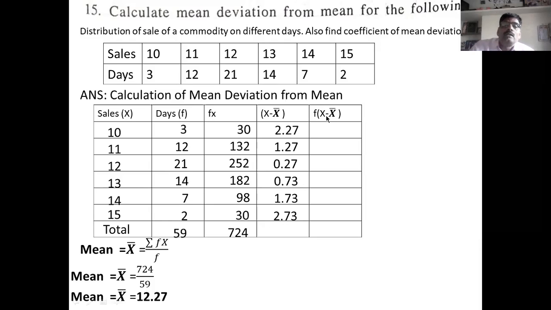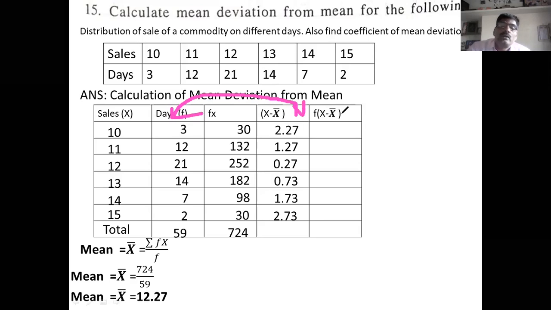Now you have to multiply f into the x minus x bar column. This column is to be calculated on the basis of x minus x bar and f column. These two columns you multiply, and f into x minus x bar value comes.